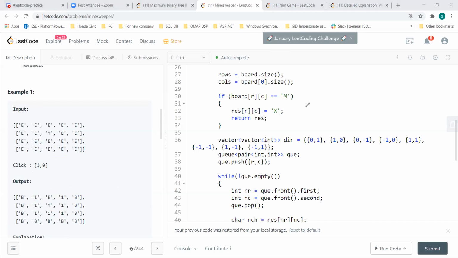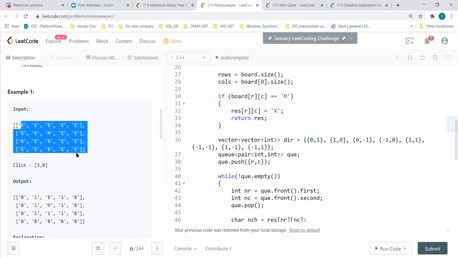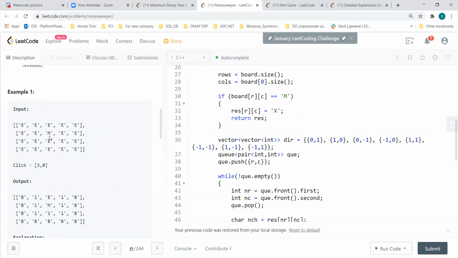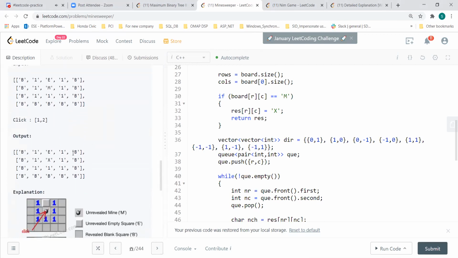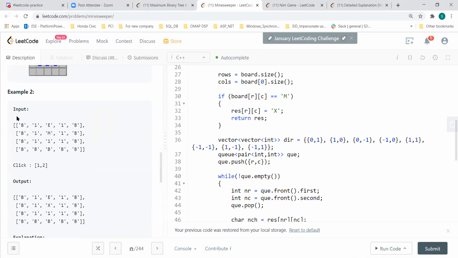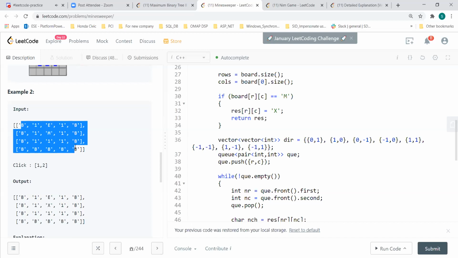If you look at this example, it just says E is an M. Other than that, nothing. But whenever you click exactly on M, your game immediately ends and you just mark X over there. I think example 2 is like that. If you are playing and your current board is like this because you revealed some of the mines, and then you click on a mine, all other board positions are exactly the same.